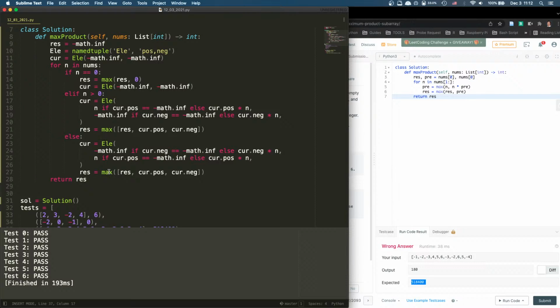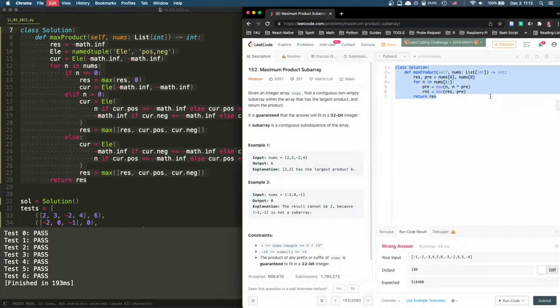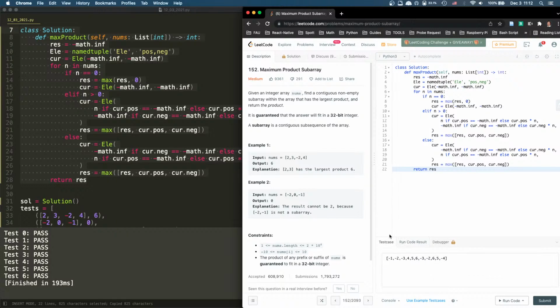I want to do this one, but this is an issue. Basically, we're just going to do res. Now, let's just do it this way. Yeah, we see the thing. Let's try another test case.